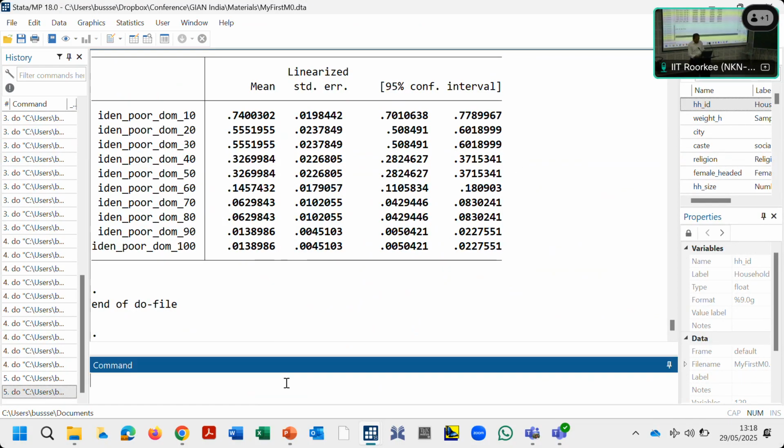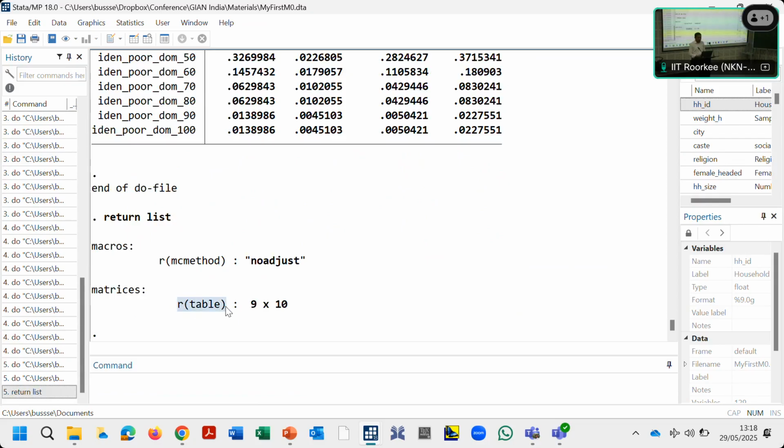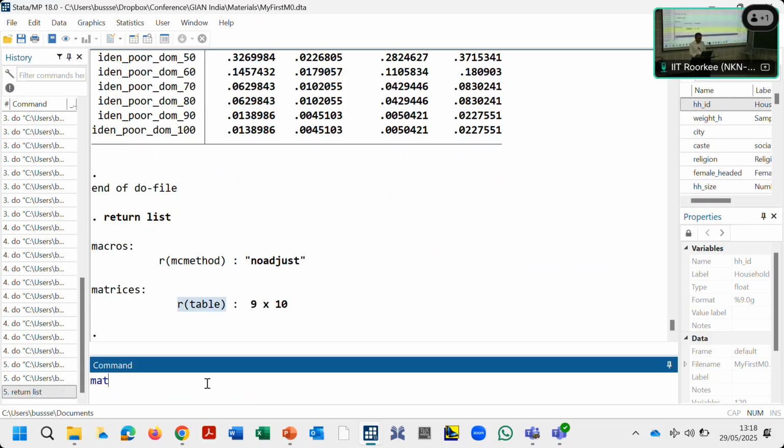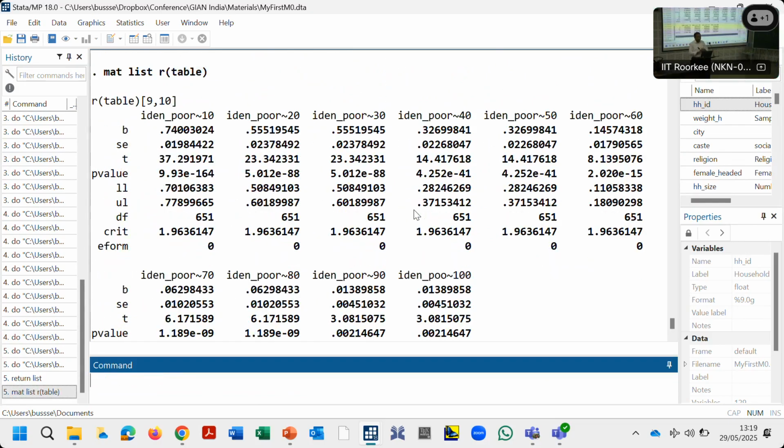If you go here and write return list, you have this table, r(table). Now I write mat list r(table). Look, all these values are stored in this matrix. STATA has stored all these values in the matrix all together. So STATA has done a beautiful job for us anyway.